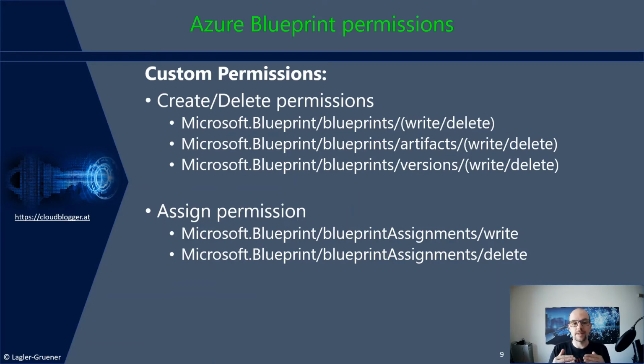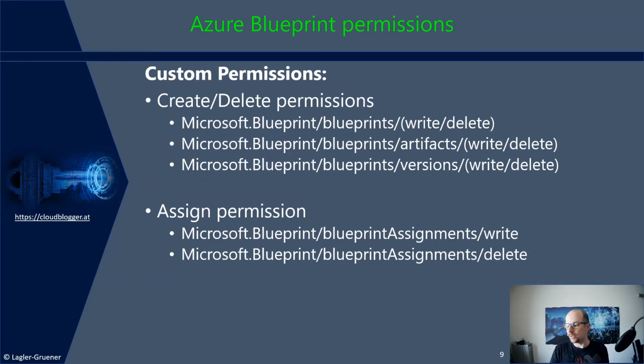Then we have the blueprint option and also blueprint/artifacts or blueprint/versions. Then we have a separate permission available for assignment. In this case, it's also the Microsoft.Blueprint resource provider, but you can see here we have a separate role named blueprintAssignments, with read and delete permissions too.